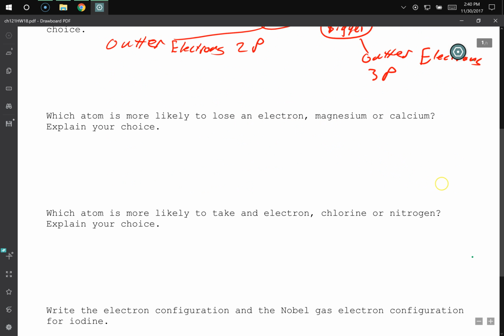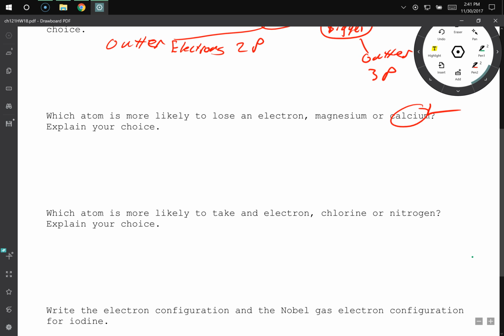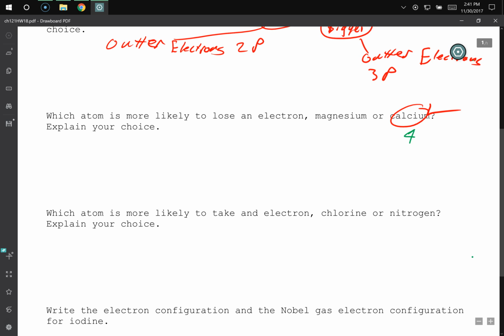What's more likely to lose an electron, the magnesium or calcium? Okay, so calcium is. Why is that? There you go. The electrons for the calcium are 4s2, and this is 3s2.